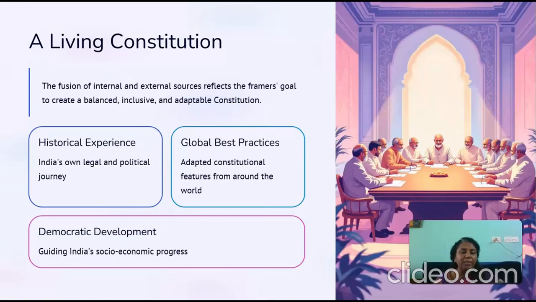Global best practices were adopted, and the framers were very careful in bringing India forward as a democratic republic, and also focused on India's socio-economic progress. Thank you.